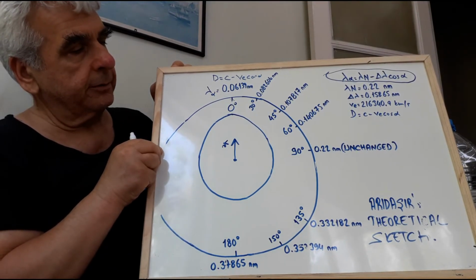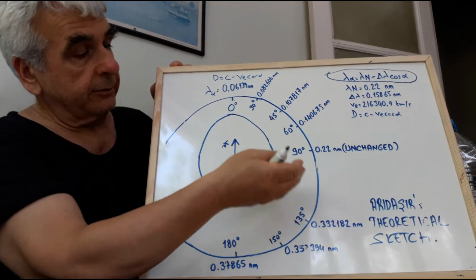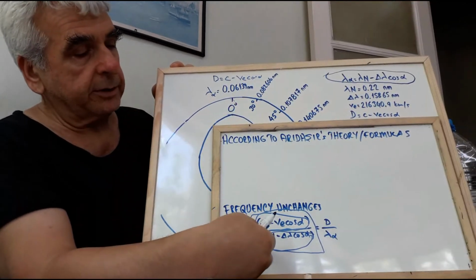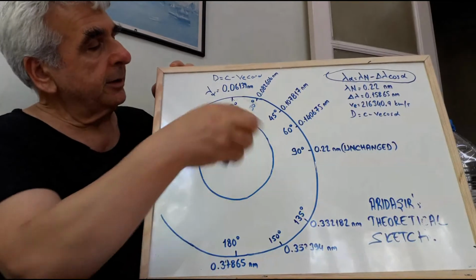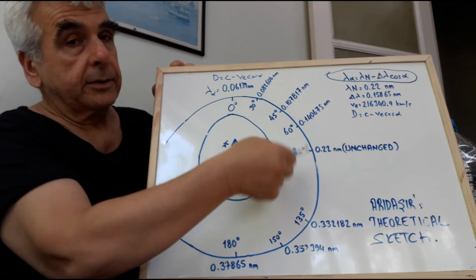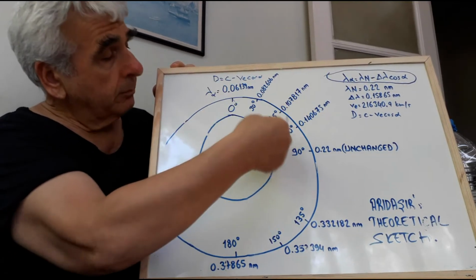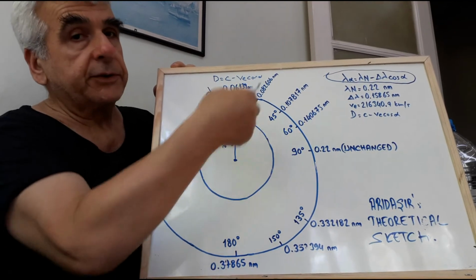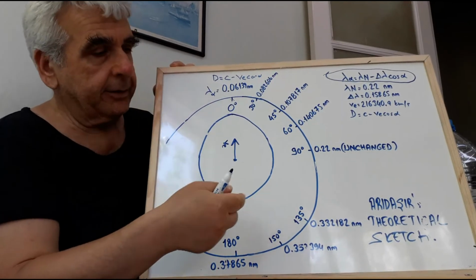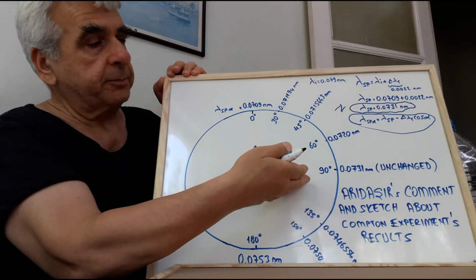Notice, please. If this wavelength changes, if this angle changes, it means, according to my theory and my formulas, the velocities of successive waves at different angles will change. And if that is so, this is the reason for the Compton experiment results.